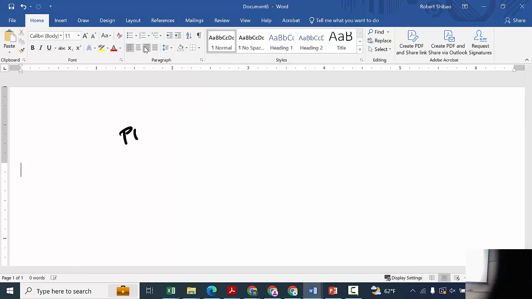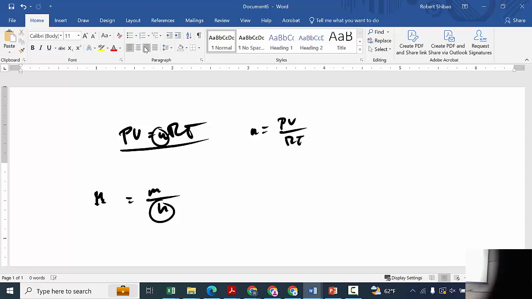And so, PV equals nRT, most people don't need this, but if you do, it's all right. But the molar mass, let's call it M like they did, is mass over n. And then all we do is solve this equation for n. n is equal to PV over RT, and then we just substitute it in here.